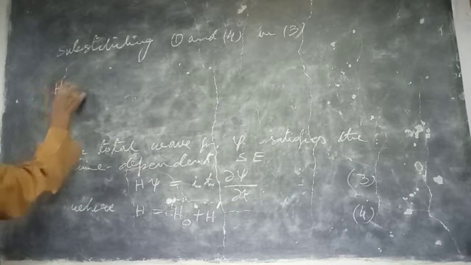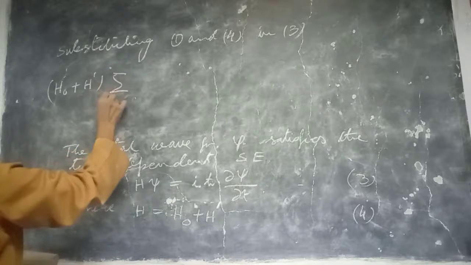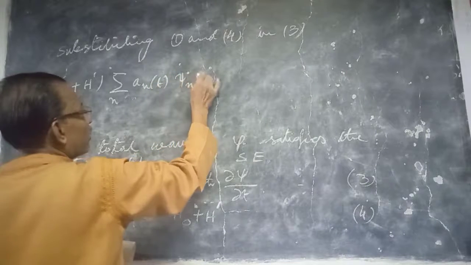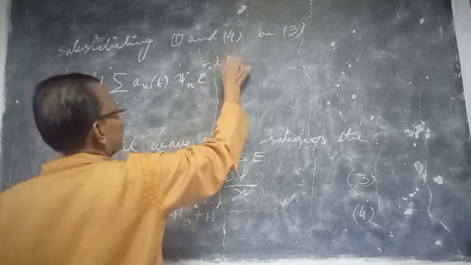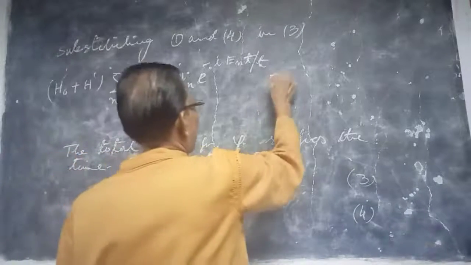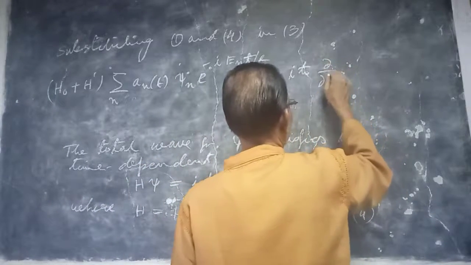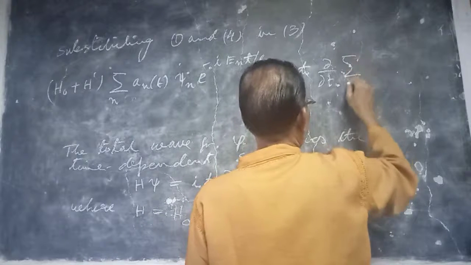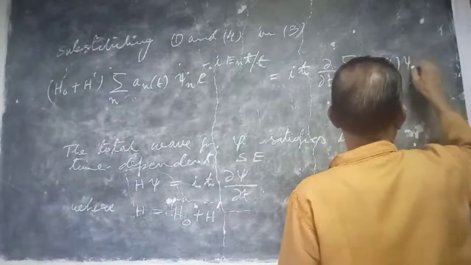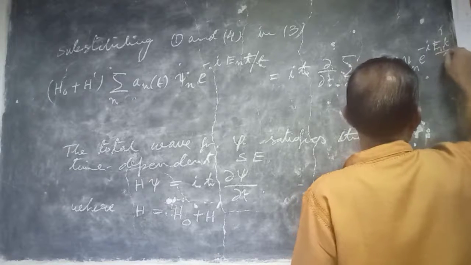We get H0 plus H prime acting on psi, which is the sum over n of a n of t psi n e to the power minus i E n t by h cross, equal to i h cross del psi by del t, that is del by del t of the sum over n of a n of t psi n e to the power minus i E n t by h cross.